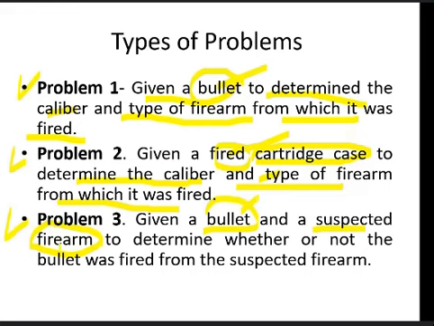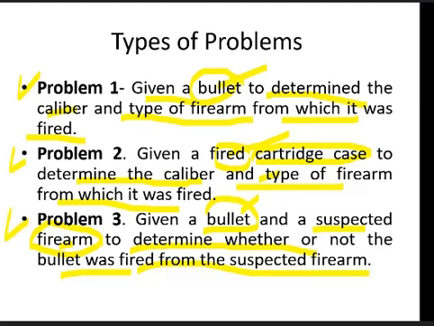and then here is a suspected firearm. What needs to be done is to have that suspected firearm fired through the bullet recovery box in order to determine whether or not the bullet recovered from the crime scene was fired from the suspected firearm.